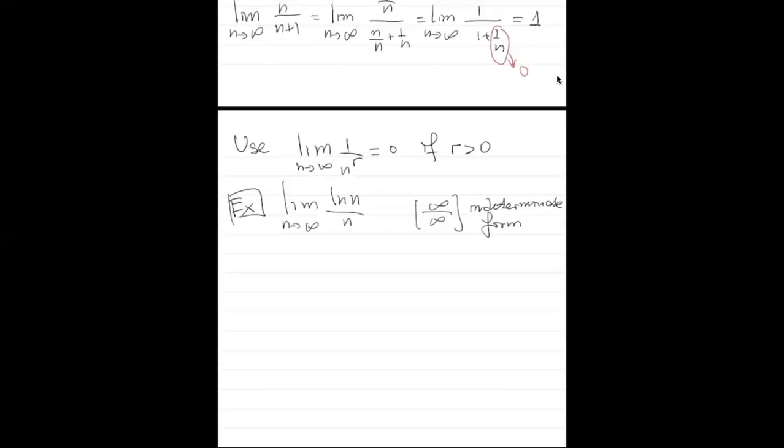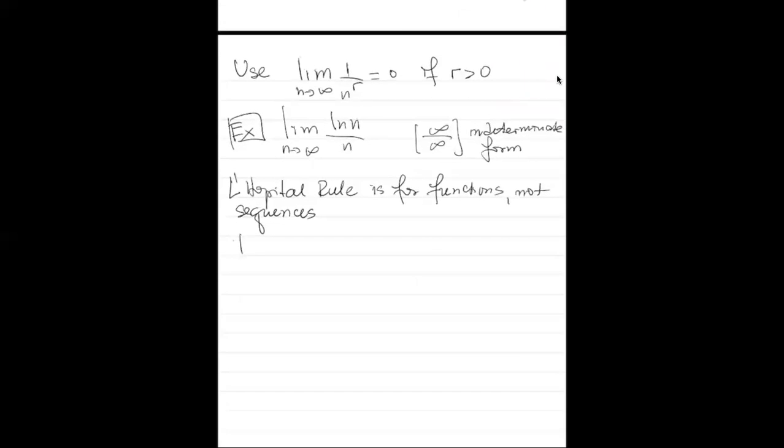So L'Hopital rule is for functions, not sequences. L'Hopital rule for indeterminate forms is for functions, not sequences. So can we really use it? Well, we have a gateway here.